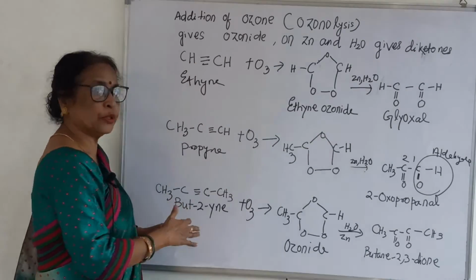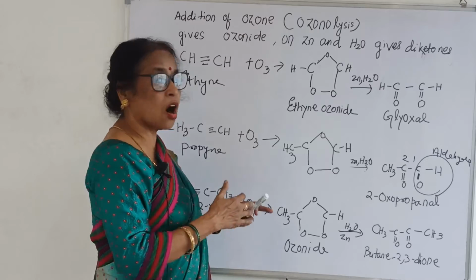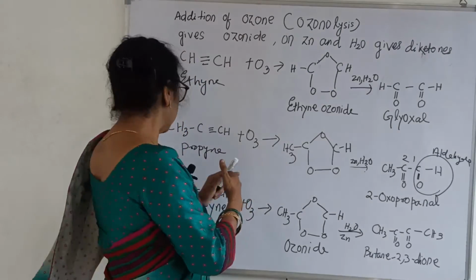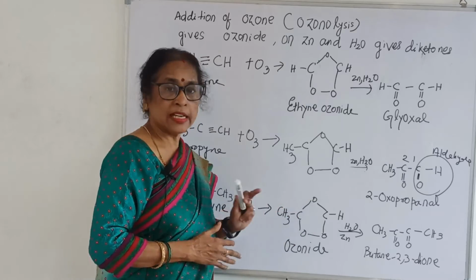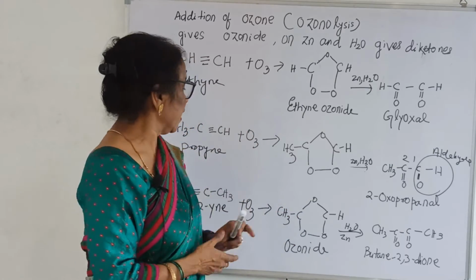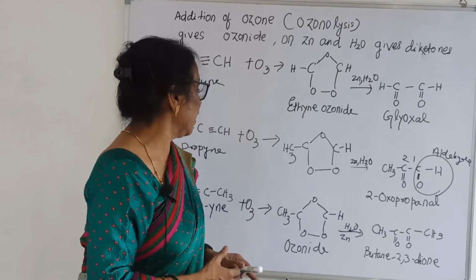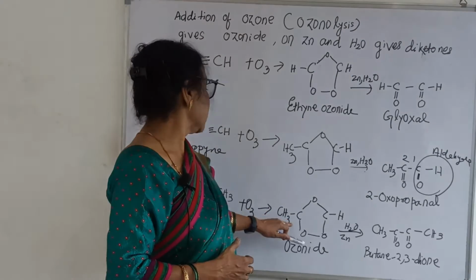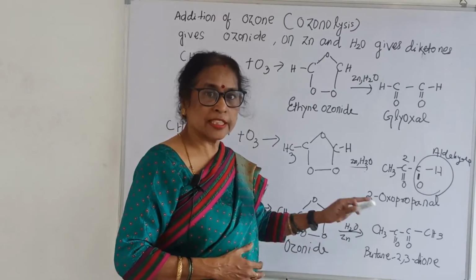Then come to but-2-yne with O3. This is also called butyne, but-2-yne ozonide. The ozonide is again reactive. It reacts with water and zinc. Then what happens? CH3 remains as it is, the C becomes double bond O, then C double bond O, CH3.